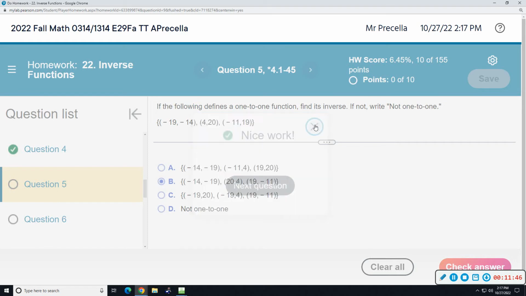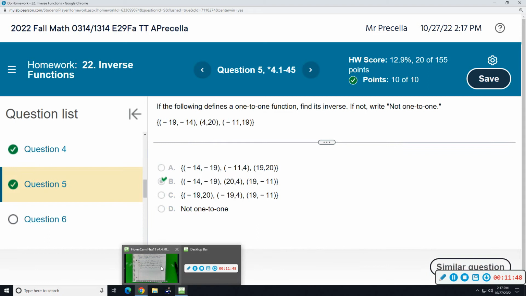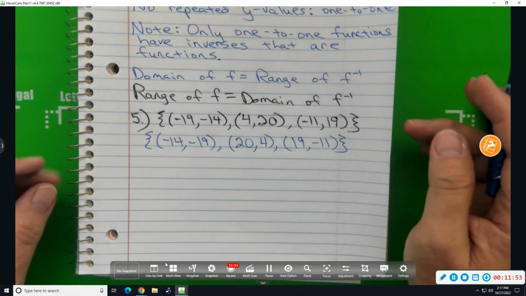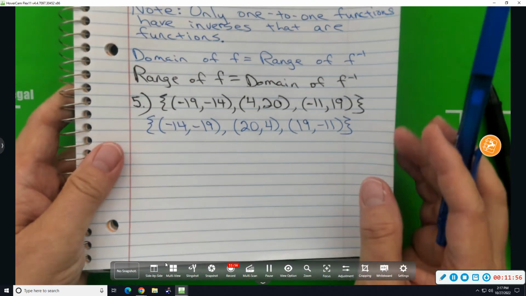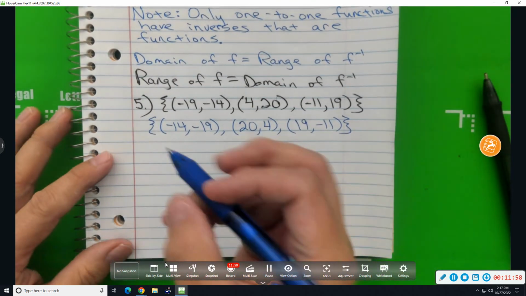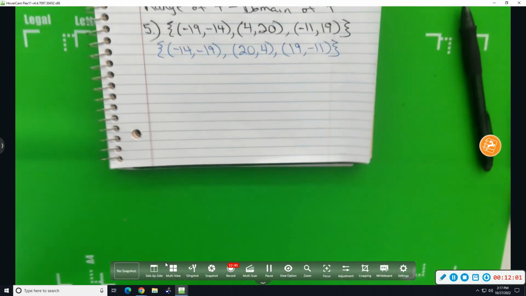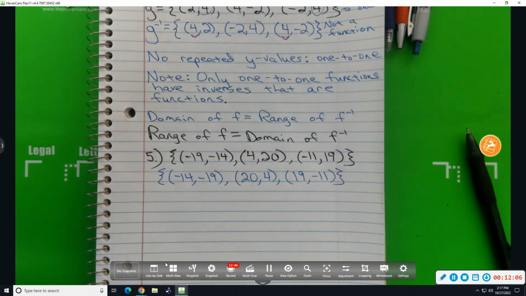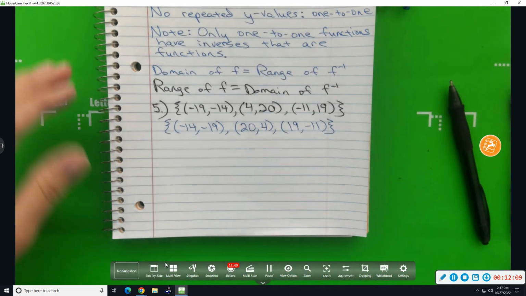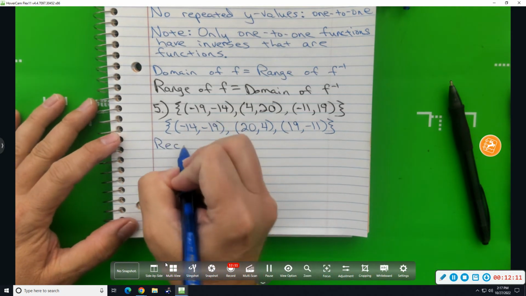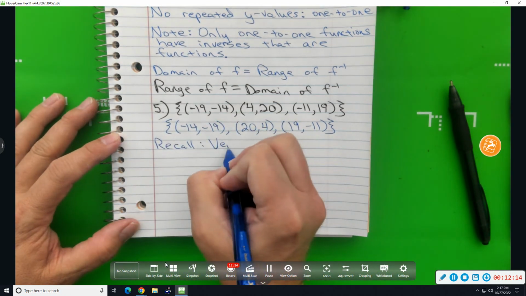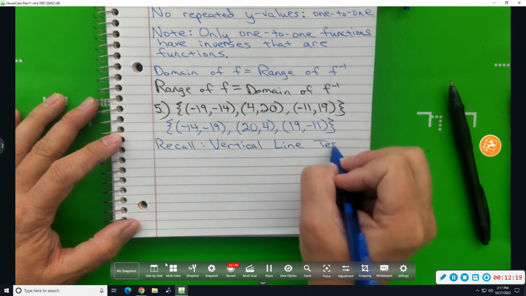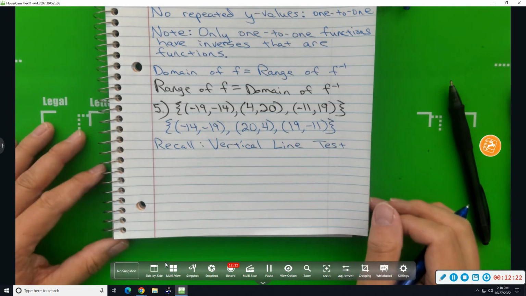Let's switch back. I've got to talk some more now. Remember, there was another way of expressing functions. We can express them using a graph. And recall for a function, we had something called the vertical line test.